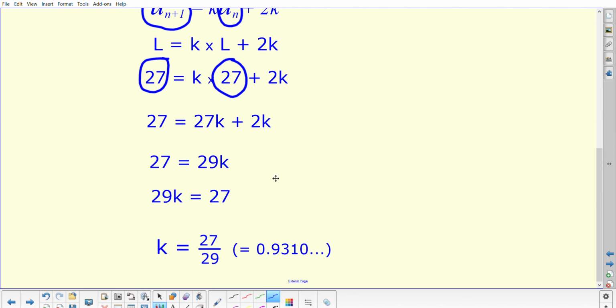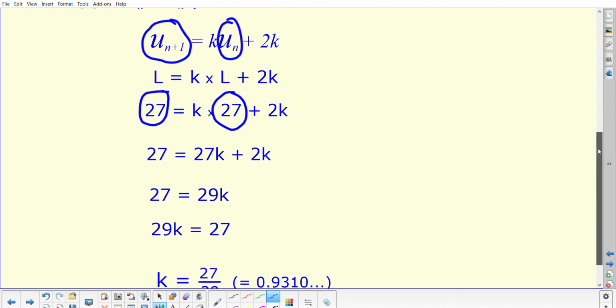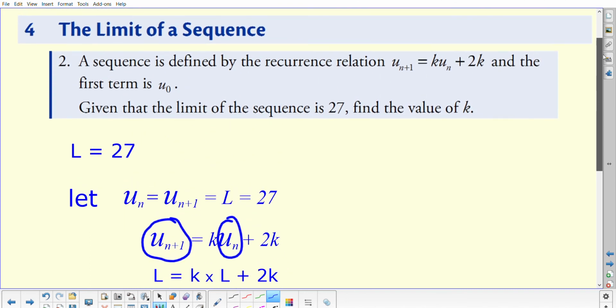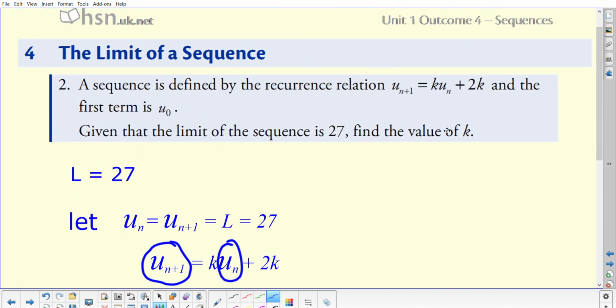You can come across or be examined on either of those types. Certainly the first type that we did with the deer and the forest problem is more common than this one here, but it doesn't mean you won't come across this type where they tell you the limit and you have to work out some missing coefficients.